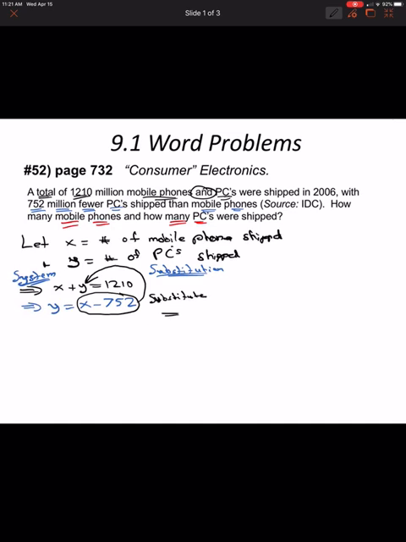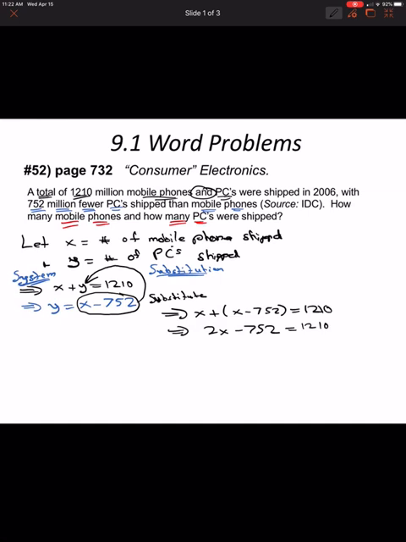So that's going to imply what? X plus Y, X plus X minus 752, equal to 1210. And as we simplify, of course, X plus X is 2X. So we've got 2X minus 752 equal to 1210. And again, what's resulted?